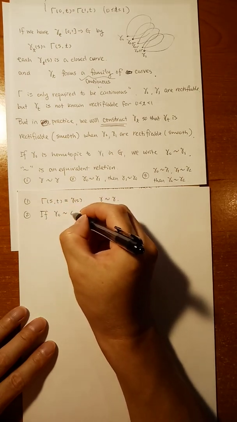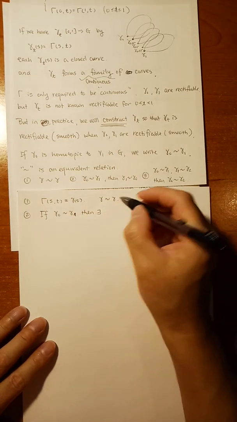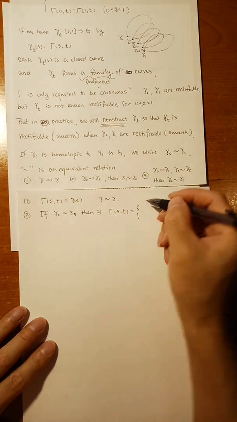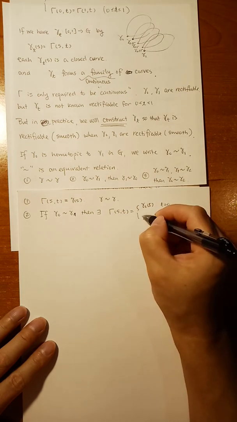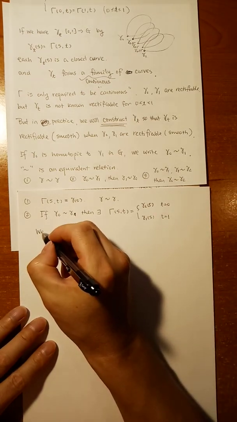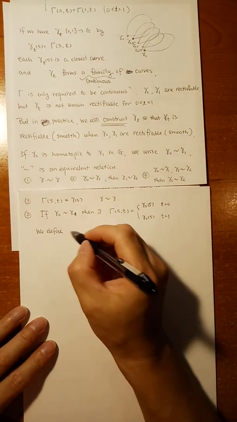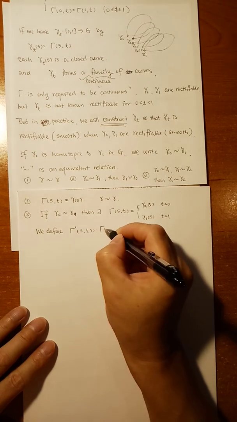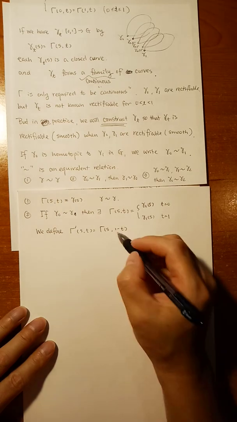And the second one, if gamma 0 is homotopic to gamma 1, then there exists a capital Gamma(s,t) such that it is equal to gamma 0(s) if t is equal to 0, gamma 1(s) if t is equal to 1. Then we define gamma prime of (s,t) to be gamma of (s, 1 minus t).